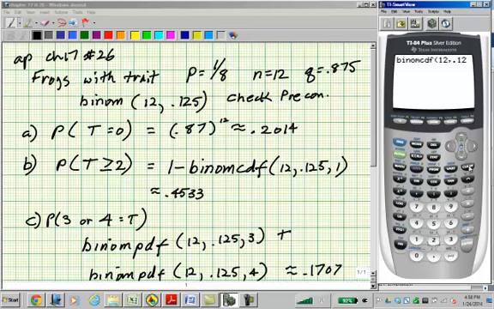Here, let's do the whole thing. 1 minus second vars, binom CDF, 12, 0.125, 1.